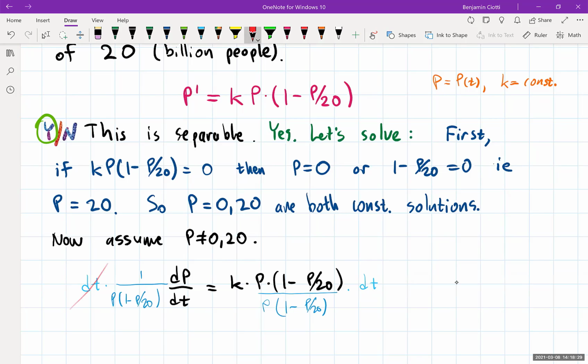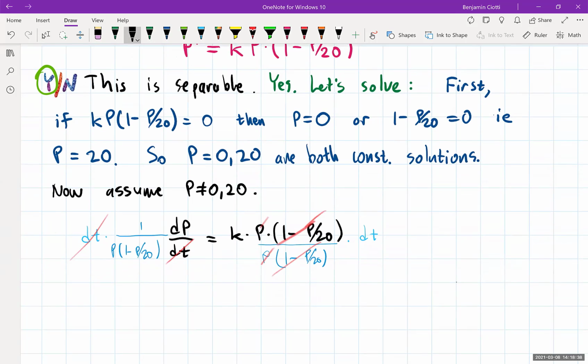Now I can cancel some factors, and my new equation says that dP over P(1 minus P over 20) is K dt.